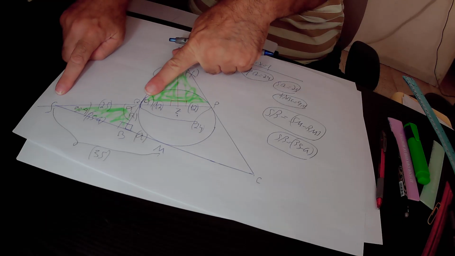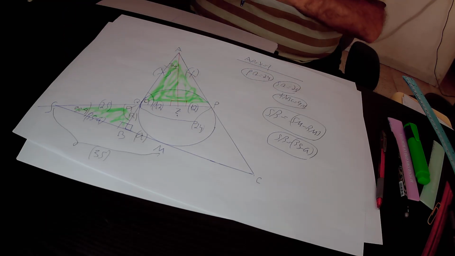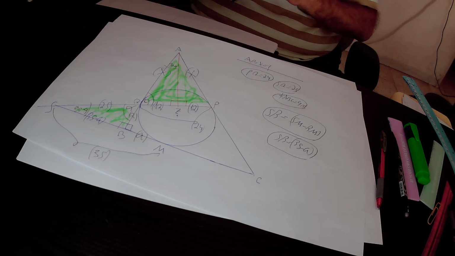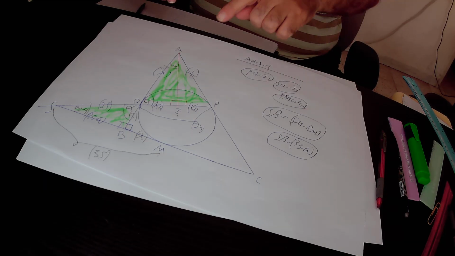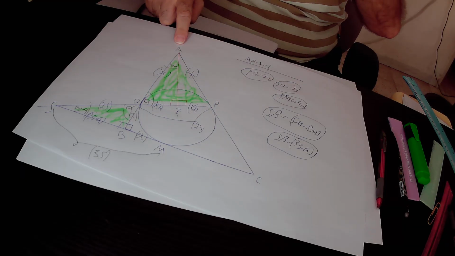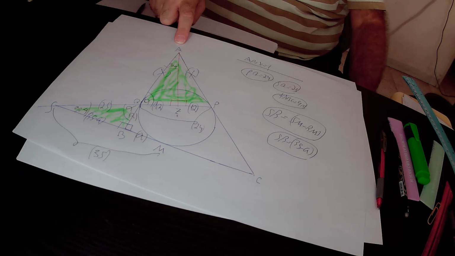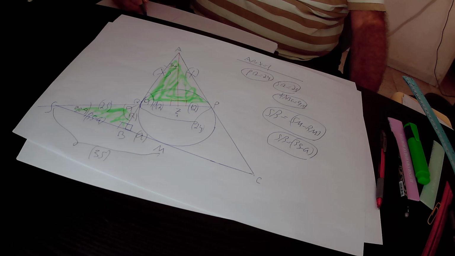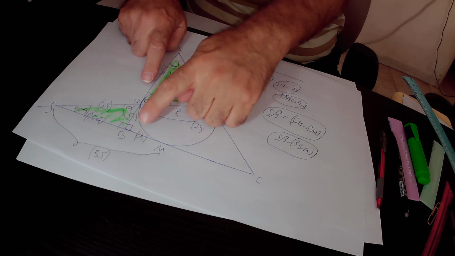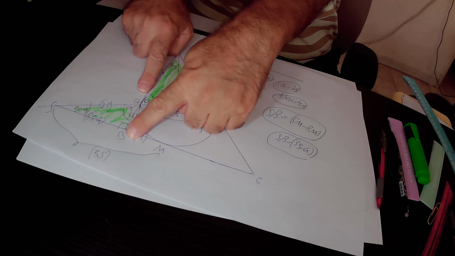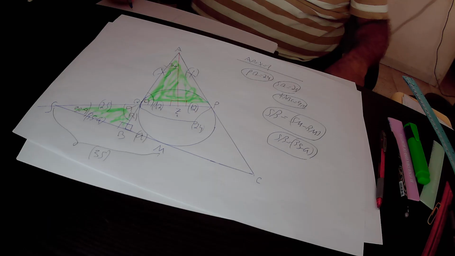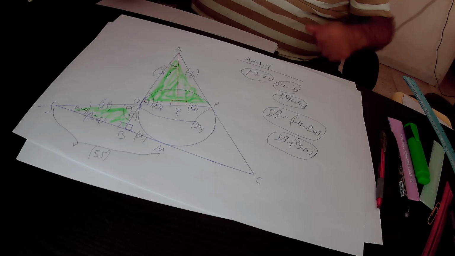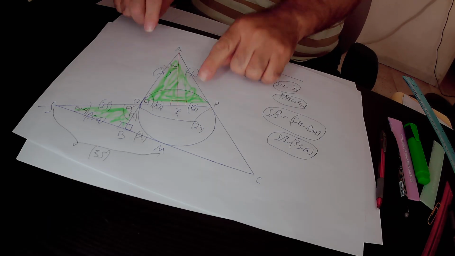SQ is 25, over AQ is X. X is the variable that we are looking for in this question. So AQ is X, and it equals QB. QB is A according to our definition. Or QZ.